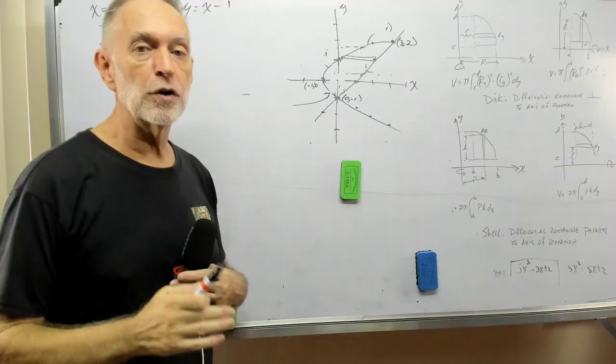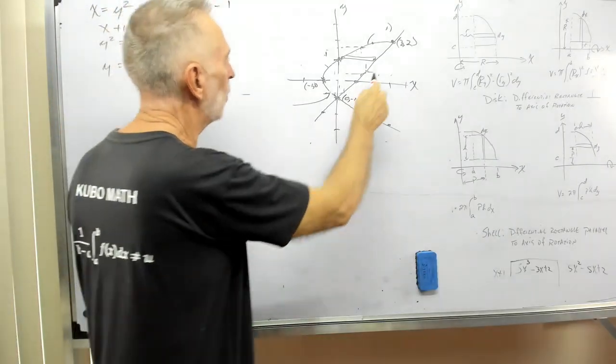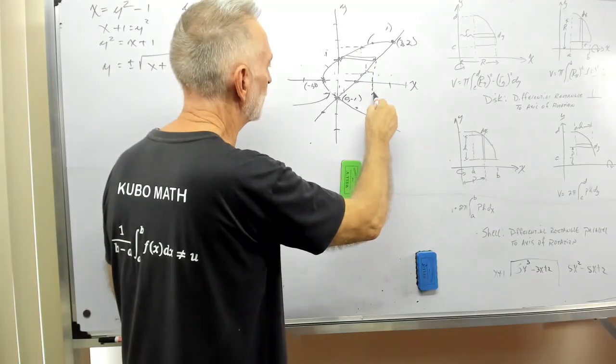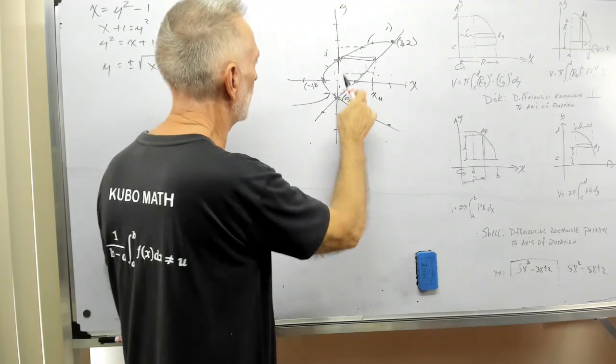For a given y, this is my thinking now, for a given y, what's the highest value of x? That's my x, the high x, and this is the low x.